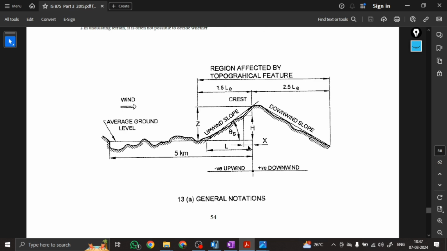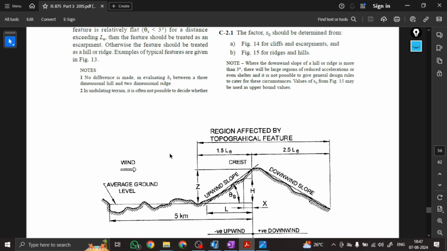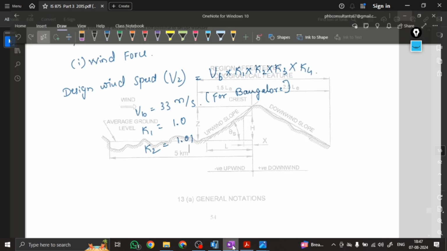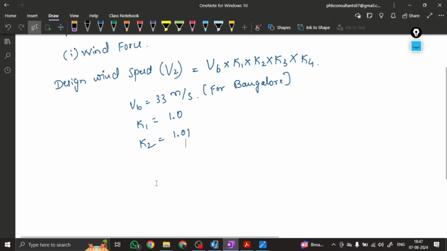Here is h by LE and z by LE, and this is the x by LE. Now our final conditions are: if theta s is less than 3 degree, then k3 equal to 1.